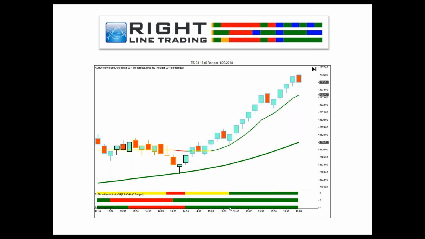If they're green and green and the MACD is yellow, it simply means that the MACD is moving in your direction, but it hasn't crossed the signal line yet.